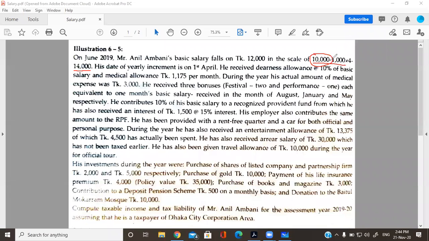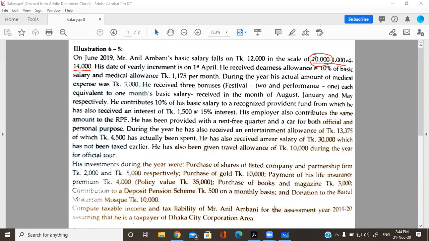Then there will be increments on this basic salary. What do we mean by increment? That means an amount will be added on top of the existing amount.